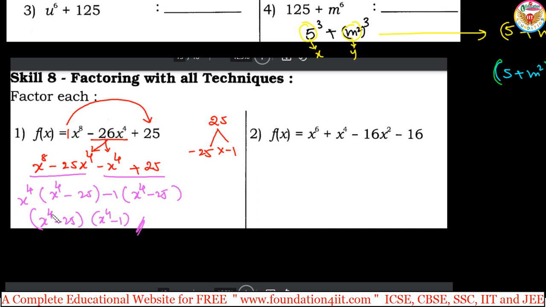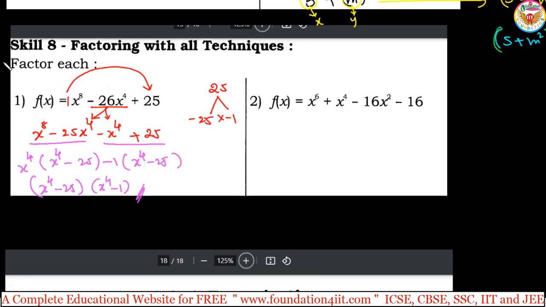Okay, next, like the previous method, you can use the a square minus b square formula for this as well. Still you can factorize this. For example, x power 4 minus 25, I can write as x square whole square minus 5 square, and x power 4 minus 1 as x square whole square minus 1 square.